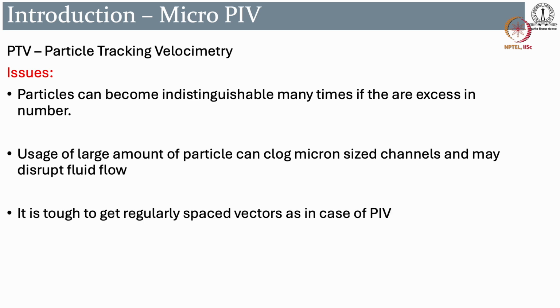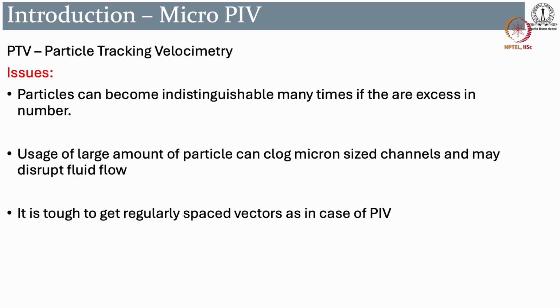And again, one of the major problems is that it is very tough to get regularly spaced vectors, as in the case of PIV, because your particles will also be fewer in number, so you cannot get vectors at every place because the particles are very sparsely arranged.